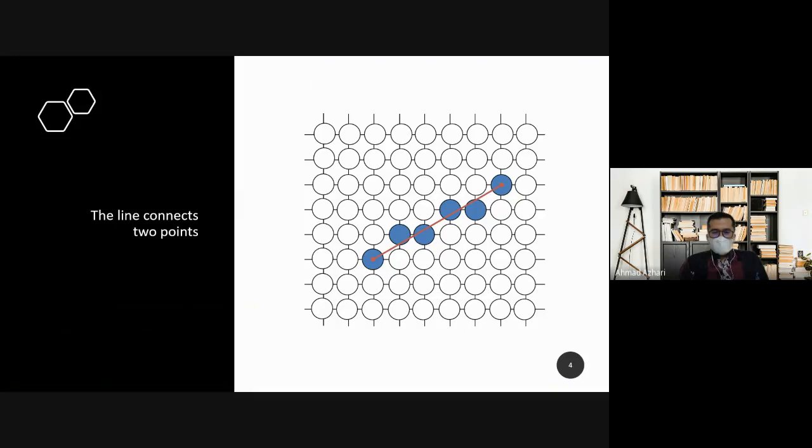When we put one point at the top and the last point at the bottom, it will pass into the next row or the next column.